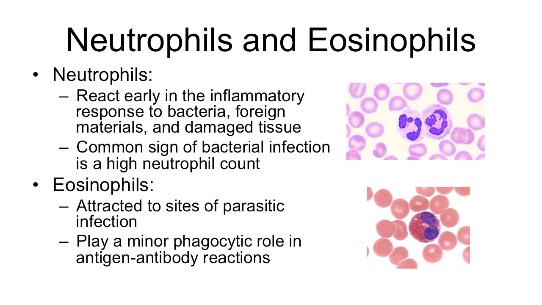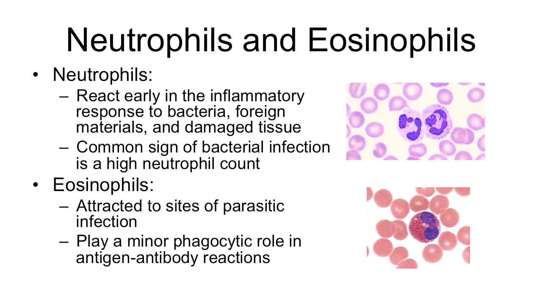As I mentioned to you, the neutrophils are going to react early in the inflammatory response against bacteria, foreign tissues, and damaged tissues, and they are one of the main effectors of the immune system to destroy bacterial infections. So oftentimes when a bacterial infection is happening, a patient will have a high neutrophil count in their blood.